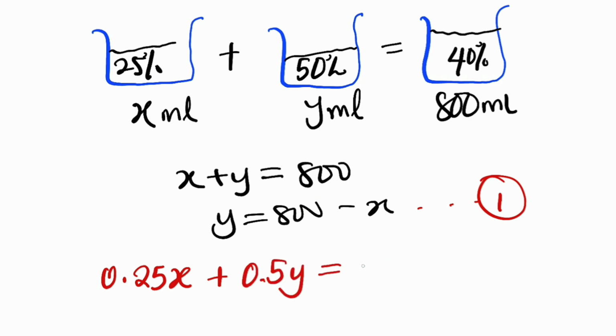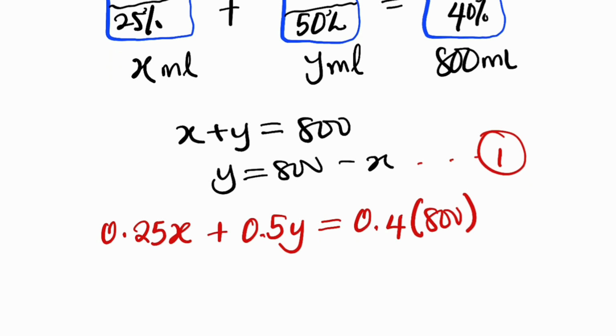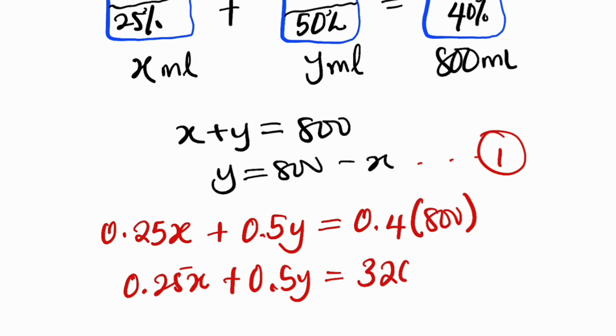This is equal to 40%, which is 0.4 of 800. That's what we want. Let's simplify first. This is going to give us 0.25x plus 0.5y equals, is it 320? 320. This is our second equation.